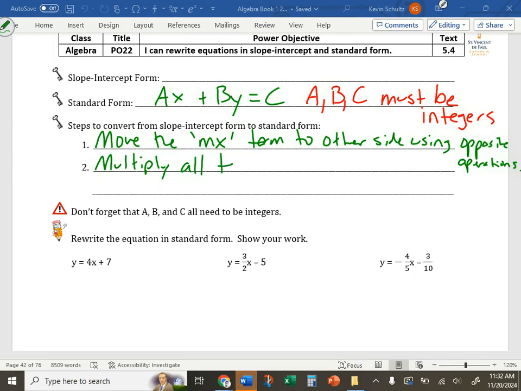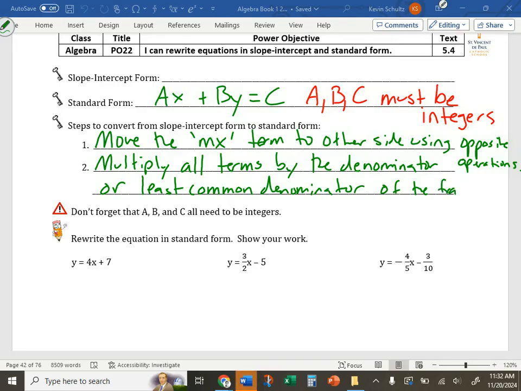Multiply all terms by the denominator, or least common denominator if you have more than one fraction, which we'll talk about, of the fraction or fractions if you have multiple.